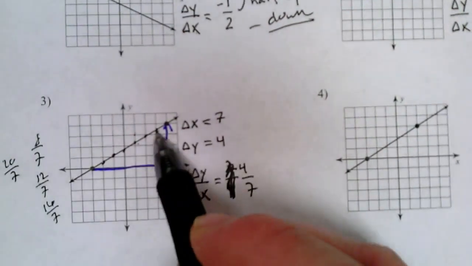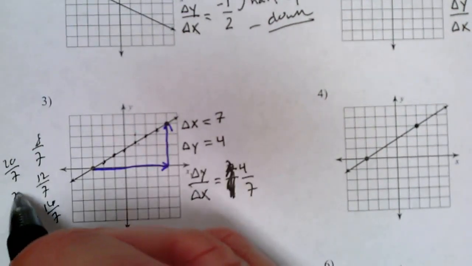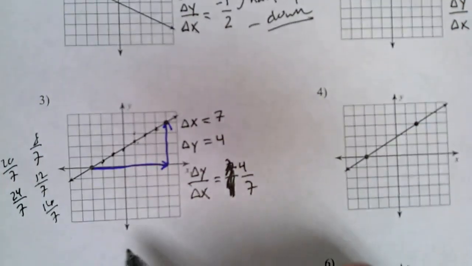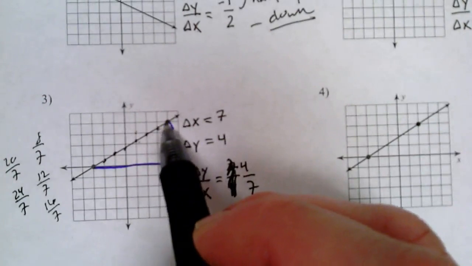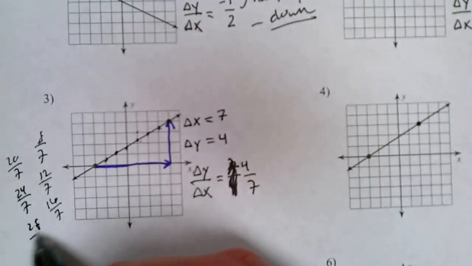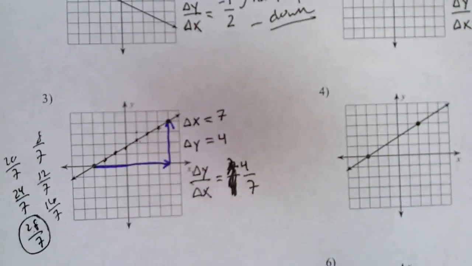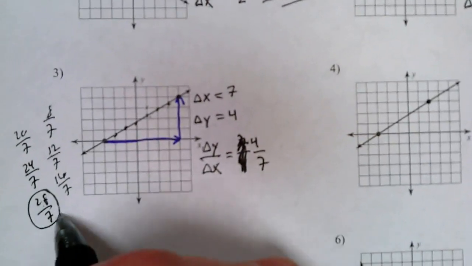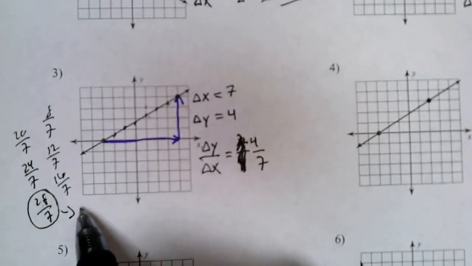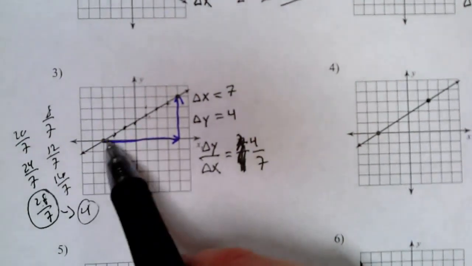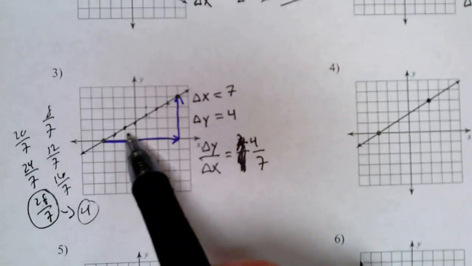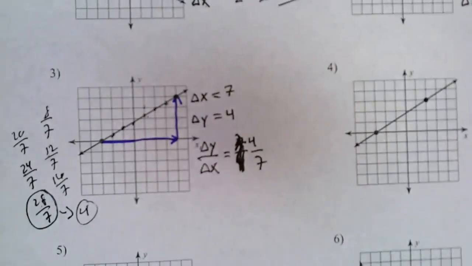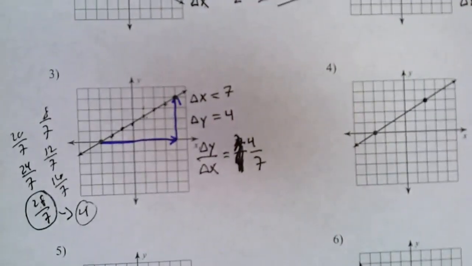And then up to here, that gives us 24/7. We're just adding 4 more sevenths every time we move a space forward. And finally, we get up to the end here, and that's 28/7 altogether. But we can reduce 28/7 because 28 divided by 7 is 4. So in the end, all these tiny little steps of 4/7 each add up to an entire upward movement of 4 spaces.